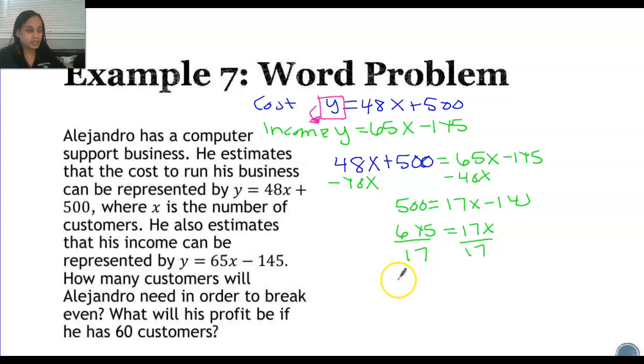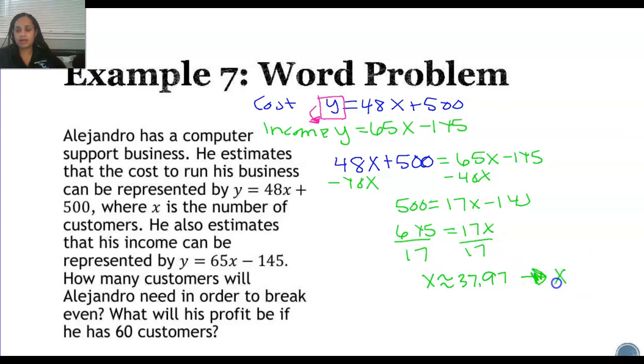You have to think about these word problems. They're very specific. And I would think, does that answer make sense in context of my problem? It turns out to be 37.97. Well, when x represents the number of people or the number of customers, that answer doesn't make sense.